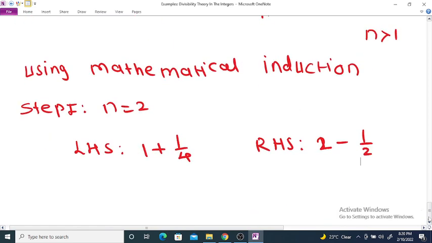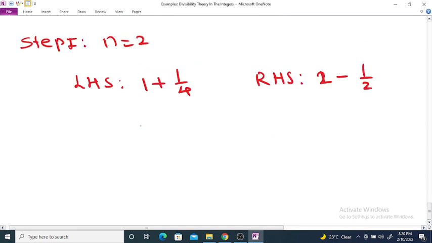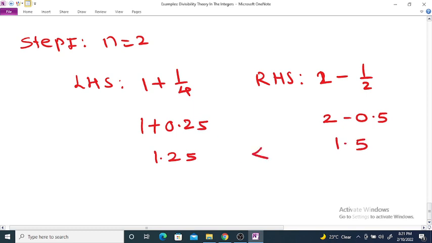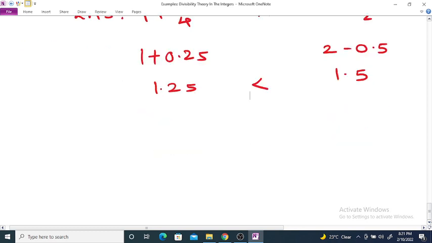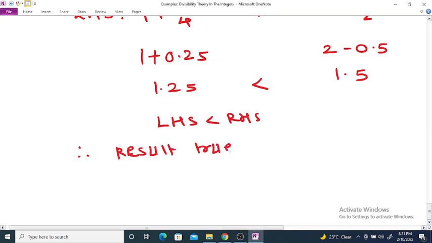The left hand side is 1.25, since 1 by 4 is 0.25, and the right hand side is 2 minus 0.5, which is 1.5. As 1.25 is less than 1.5, LHS is less than RHS, and therefore the result is true for n is equal to 2.